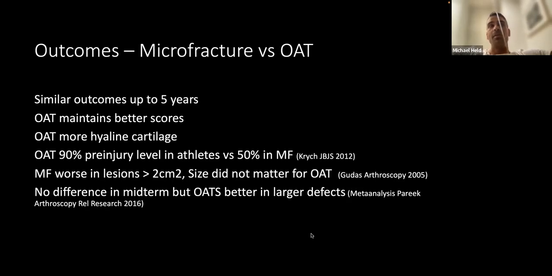But it's a bigger procedure. You've got donor site morbidity, clicking and locking around the patellofemoral joint where you harvest it, and you need to make a small cut to be able to see what you're doing. So there is a little bit more morbidity initially compared to the microfracture.